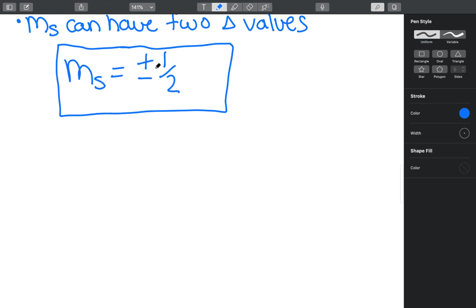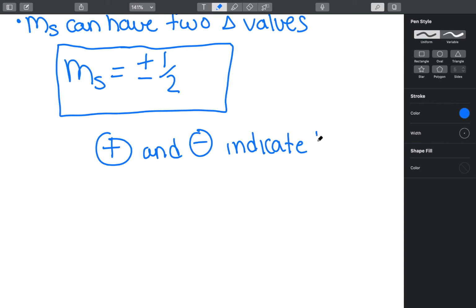So what do these plus or minus mean? Well, recall that the plus and minus indicate two different spin directions.